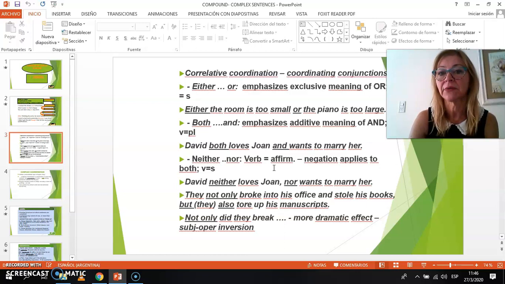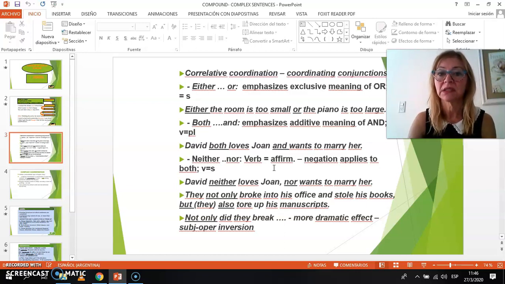For example, either or, both and, neither nor, or not only but also. There you have some examples. You can have a look at them later and see how we use them. The important thing here is the form of the verb that you will use with each of them.